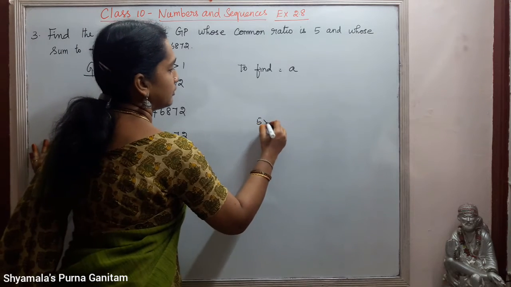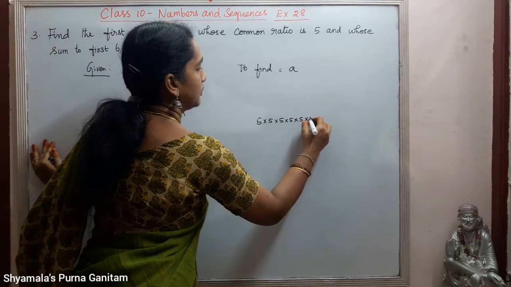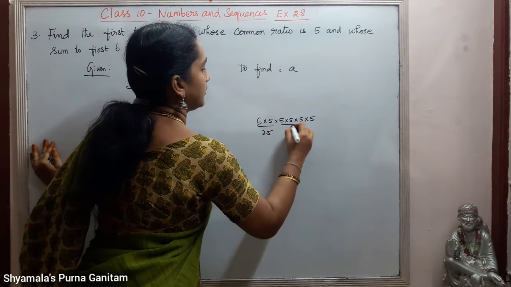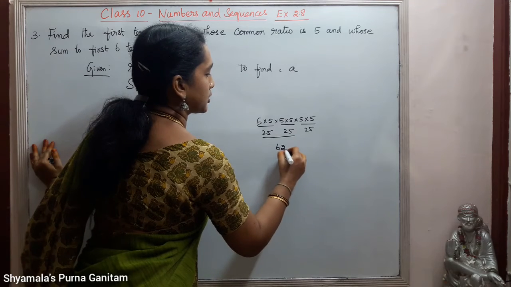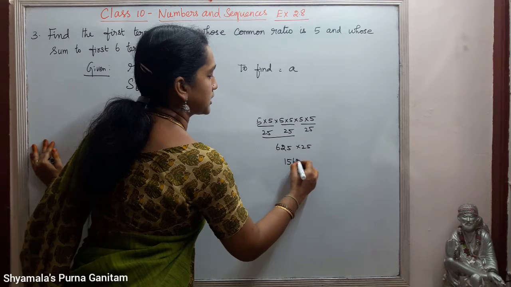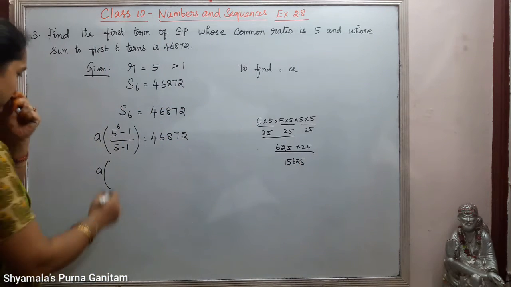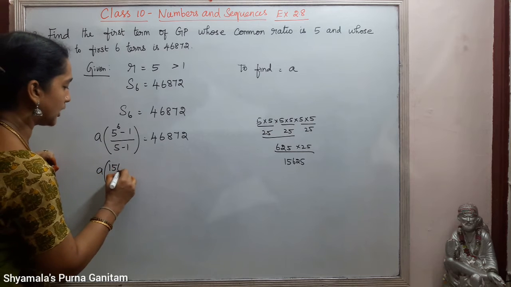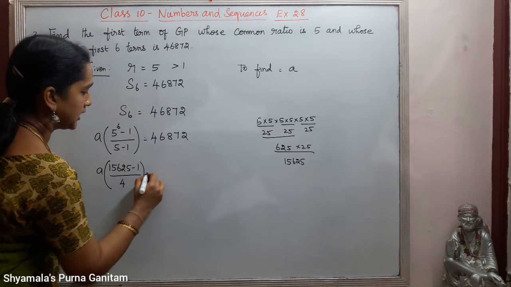So that is 5 into 5 into 5 into 5 into 5 into 5. So this is 25, 25, 25. So 25, 25 are 625. 625 into 25 is 15625. So numerator will be 15625 minus 1 by 4 is equal to 46872.